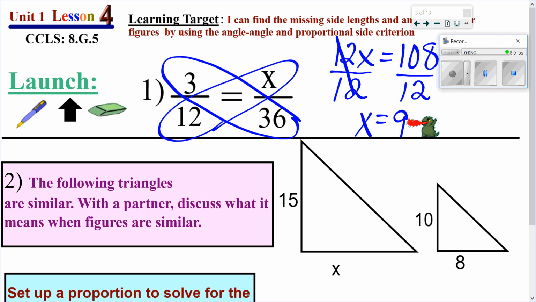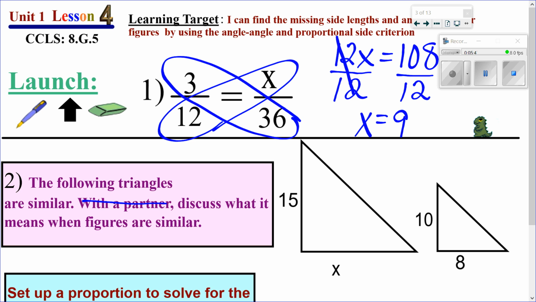Record. Number 2, the following triangles are similar. With a partner, well, we can't do partner right now because we're on video. Discuss what it means when figures are similar. You can use the example right next to the box that's asking the question.